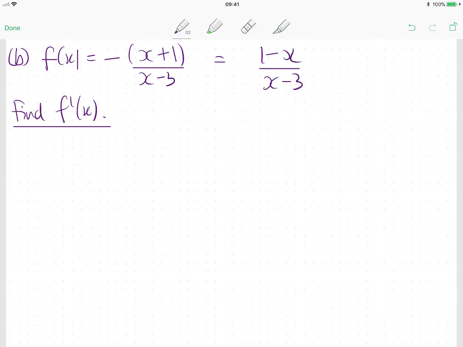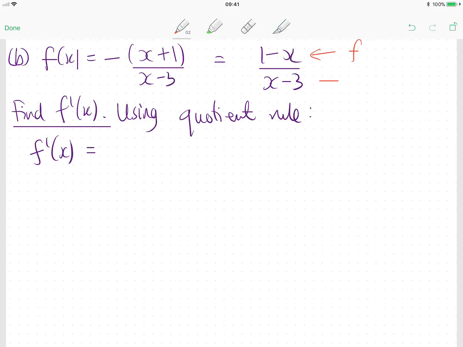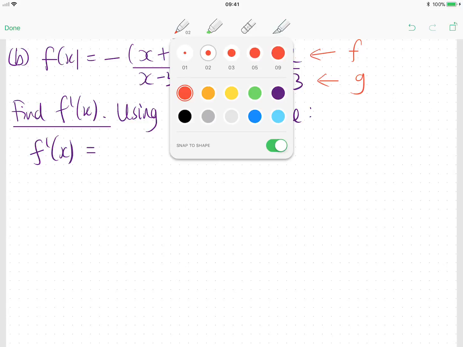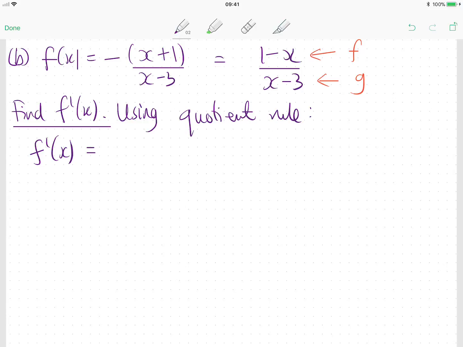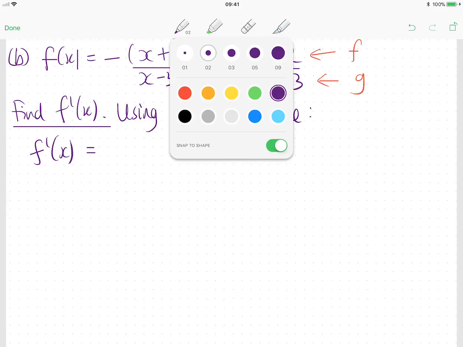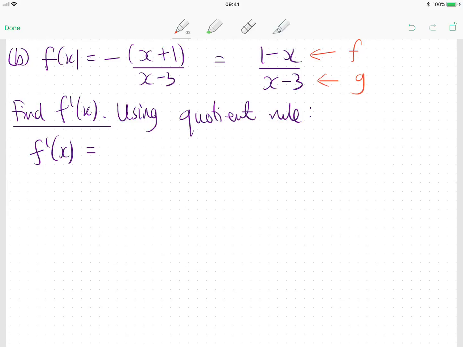Okay, so what do we do when we want to differentiate a fraction? Well, we need the quotient rule. So let's do it. The quotient rule. We label something f, something g, or maybe some people like u or v.